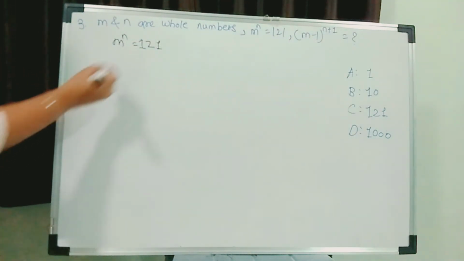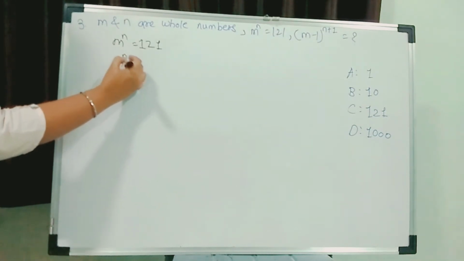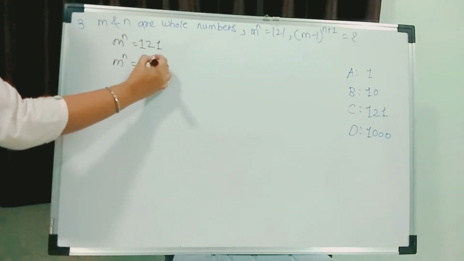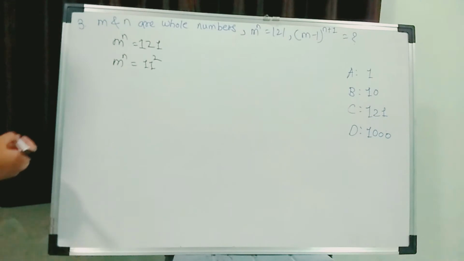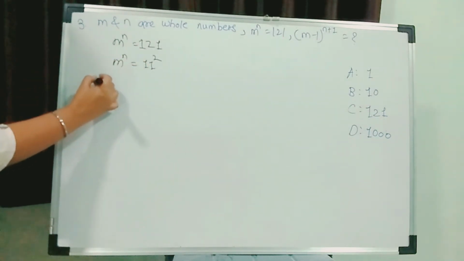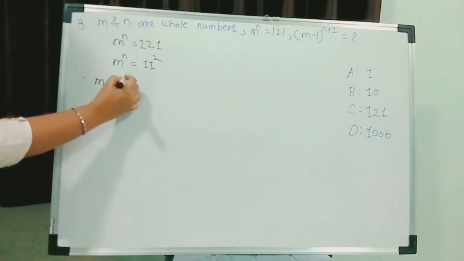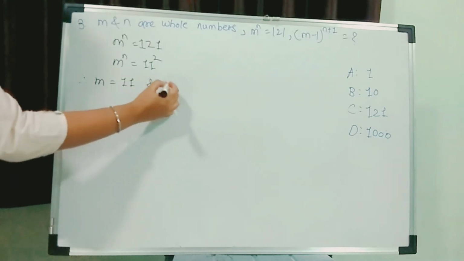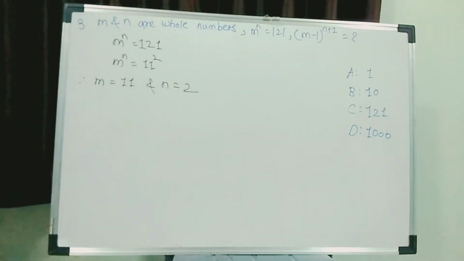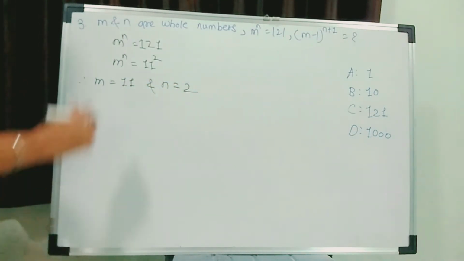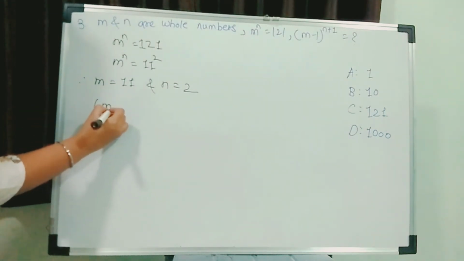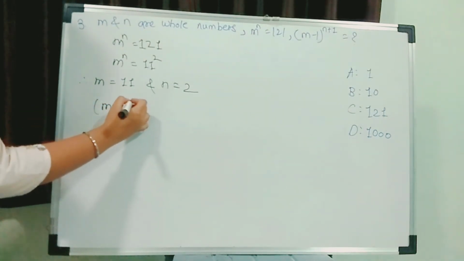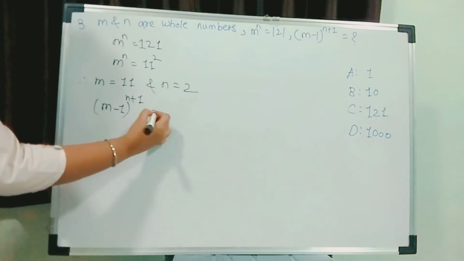Now we know that 121 means 11 square. So here m is equal to 11 and n is equal to 2. Correct?